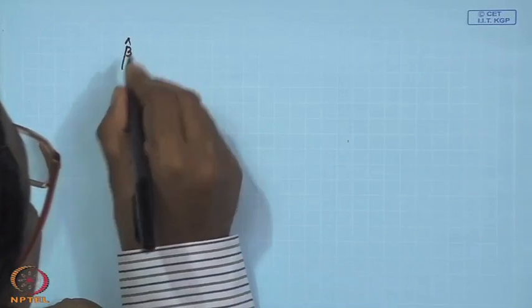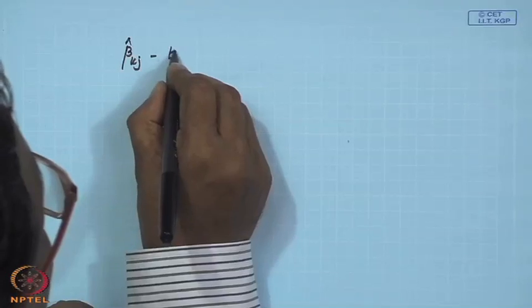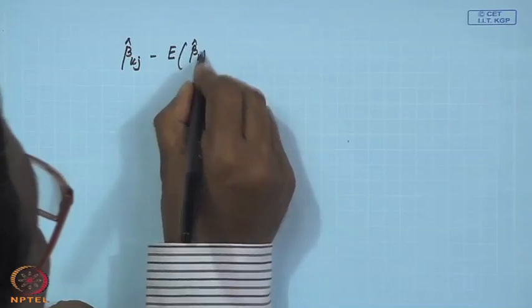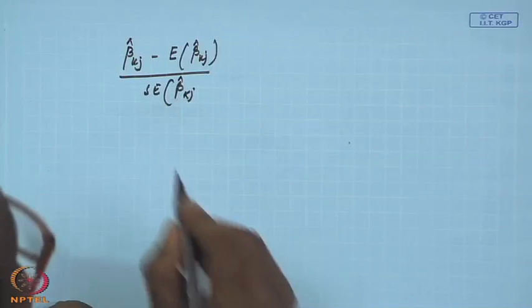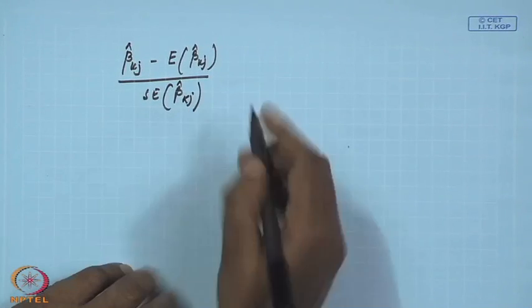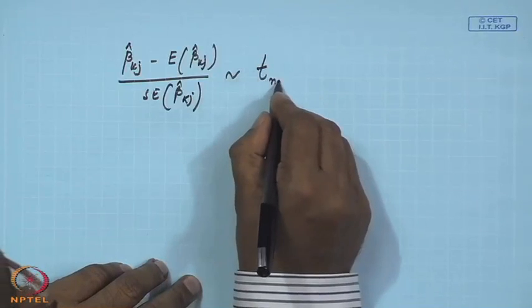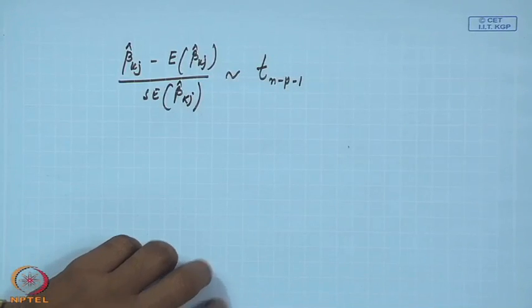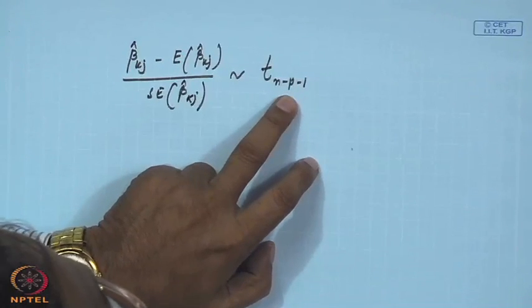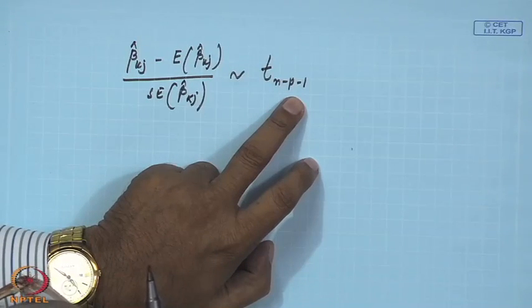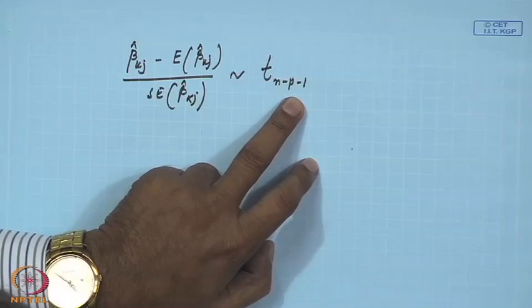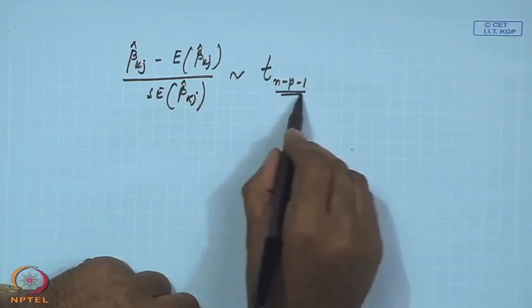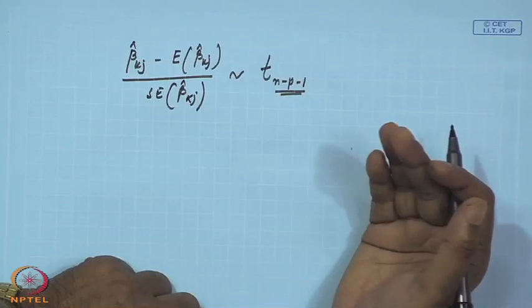We can write that beta_kj-hat minus expected value of beta_kj-hat divided by the standard error of beta_kj-hat, all estimates, follows a t distribution with n minus p minus 1 degrees of freedom. See, here also the degree of freedom is n minus p minus 1, as earlier in the MLR case, because the X side remains the same in MLR as well as this case.